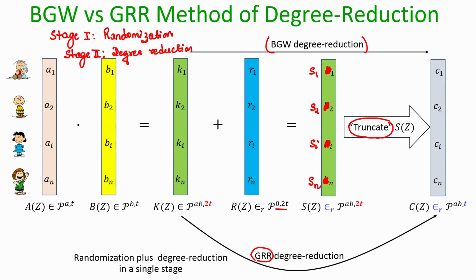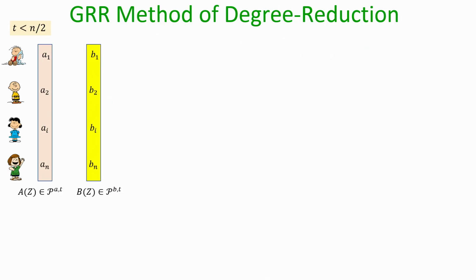Because if we follow the BGW reduction, then we have to do the interaction both in stage 1 as well as in stage 2, but if we can combine both those 2 stages in a single stage, then the parties need to interact only once, not twice, and that will save both the number of rounds as well as the amount of communication which is needed.